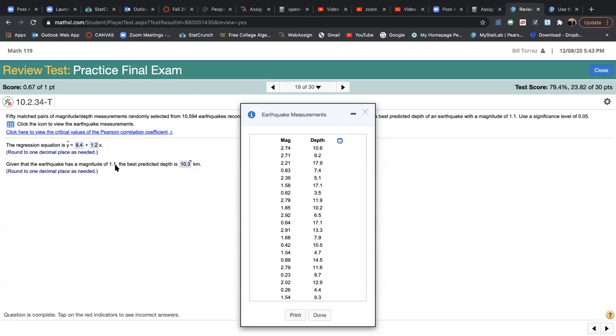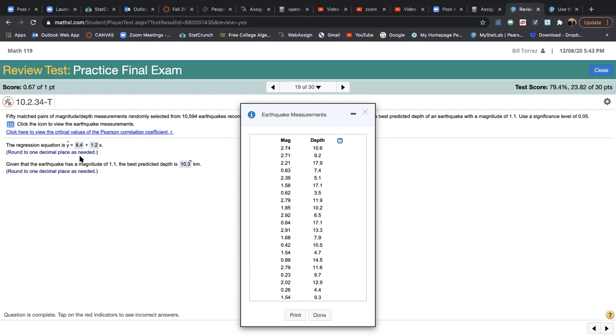And then substitute a value of 1.1 into this equation here. Okay, so we're going to take our value 1.1 as our predictor, and we'll calculate y hat.